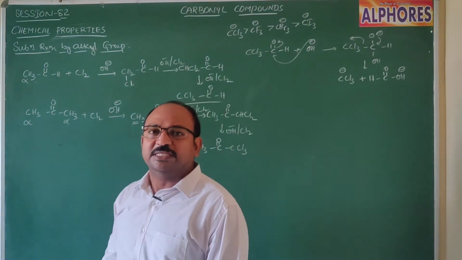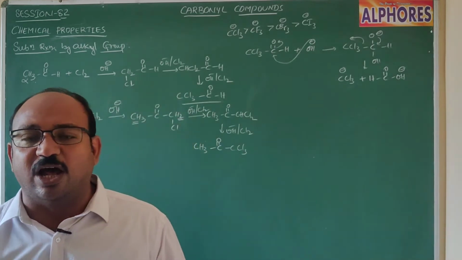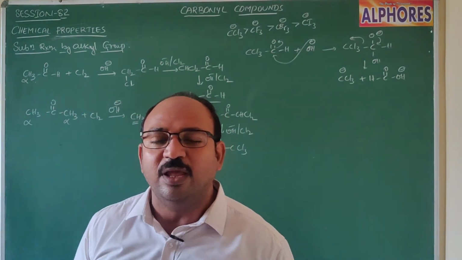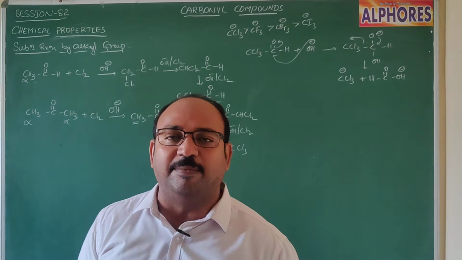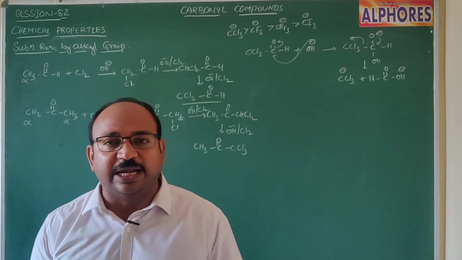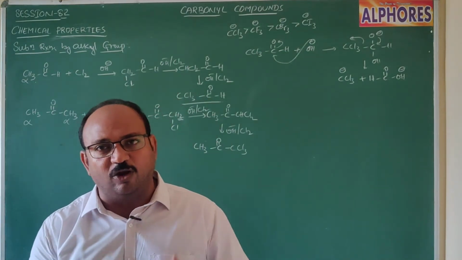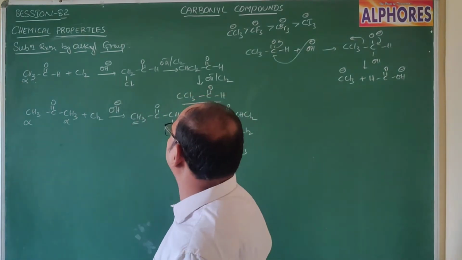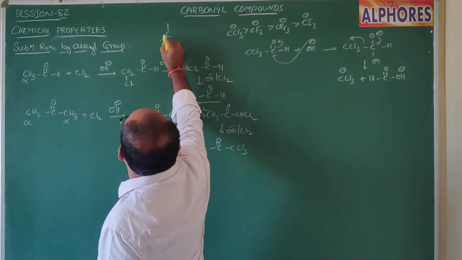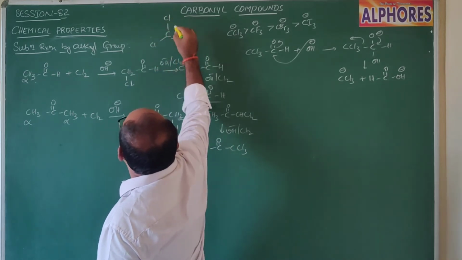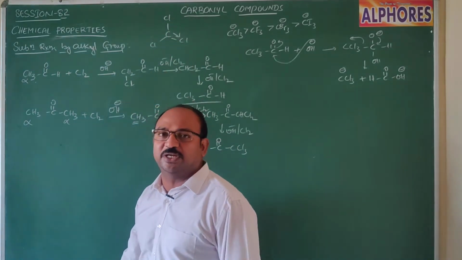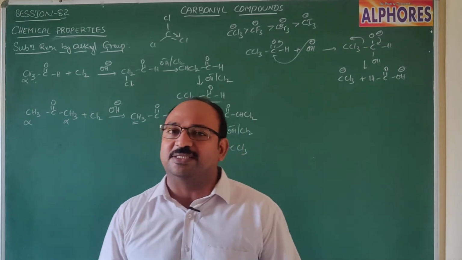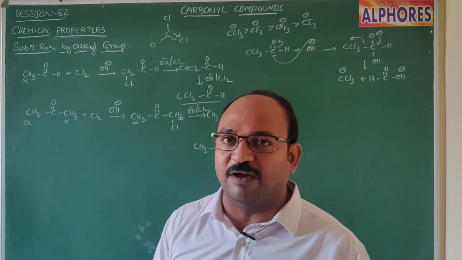Stability order of CCl3: not only inductive effect in the case of chlorine, it also shows minus M tendency, meaning it can accommodate the carbon's lone pair into its vacant d orbitals. That's why here you are getting a carbon chlorine pi bond in CCl3 minus, and with one of the chlorines it forms a d-pi bond. But that tendency we cannot see in the case of CF3 minus.